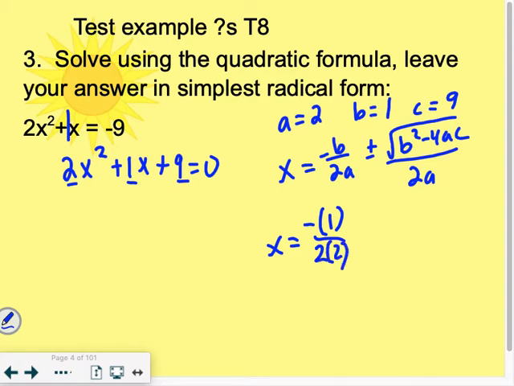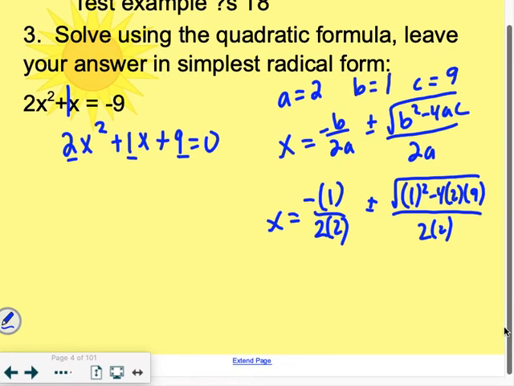So I'm replacing b with 1 and a with 2, plus or minus the square root of b squared minus 4 times a times c, all over 2 times a. And I'm going to clean this up a little. So it'd be negative 1/4, plus or minus something over 4.